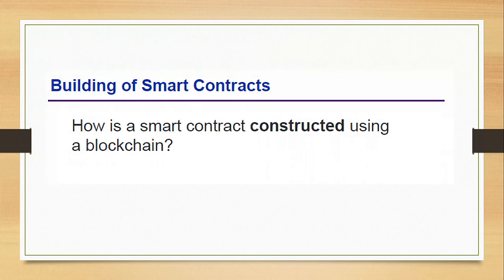But before we look at the steps of building a smart contract, we need to understand that a smart contract is normally constructed based on the underlying blockchain technology. We can't really just have it without the blockchain technology.